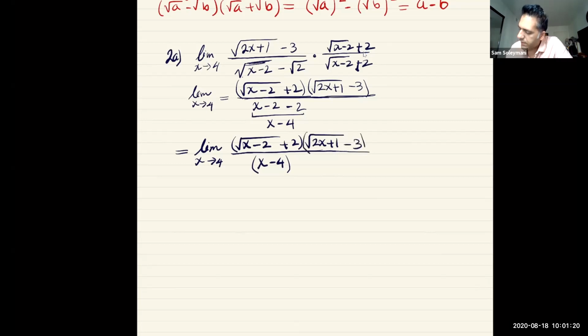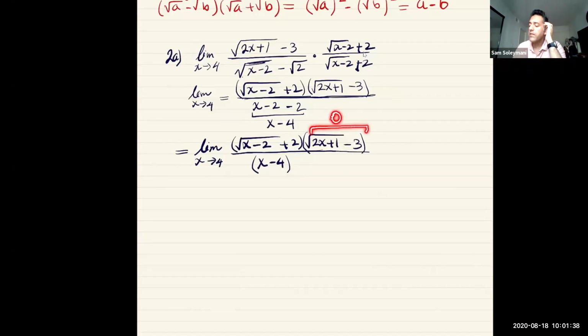If you now still plug 4 in, you are still going to get 0 for that, and you're still going to get 0 for that.